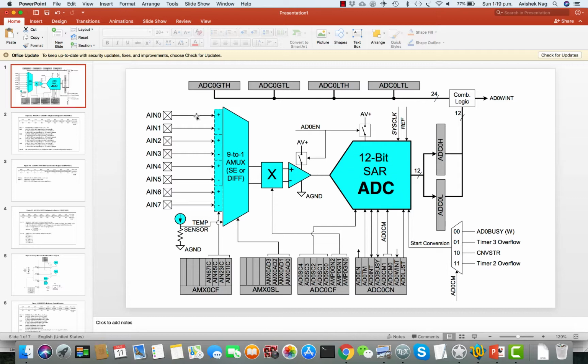It converts one of the analog voltages in one of the 8 inputs to a 12-bit digital logic, and it places the output into these registers, which are ADC0H and ADC0L. The MSBs are stored in ADC0H and the LSBs are stored in ADC0L.